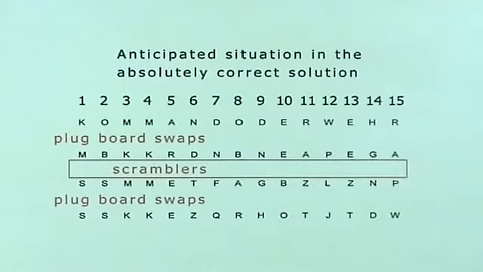I would now like to show what results from this. I have already anticipated the absolutely correct rows of letters on the scramblers when typing the crypt Kommando der Wehr into the Enigma. These are the letters from the keyboard with the Blackboard downstream.